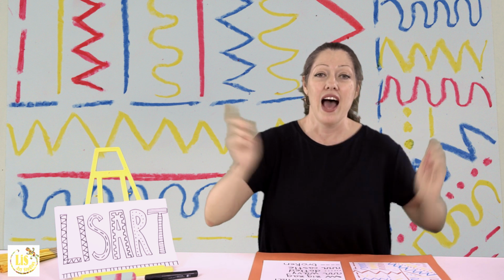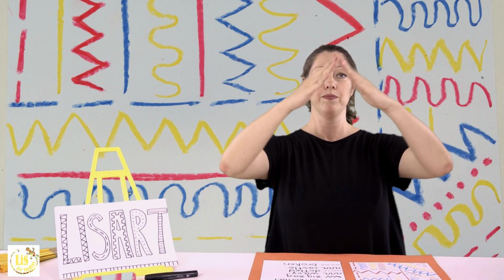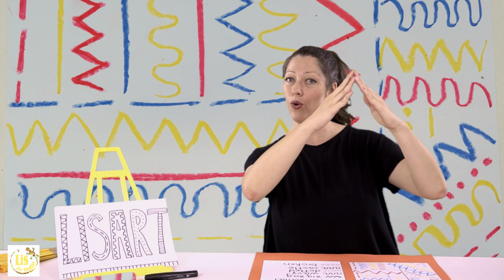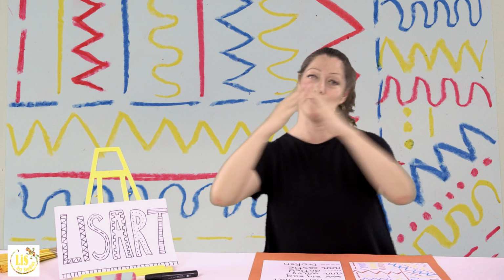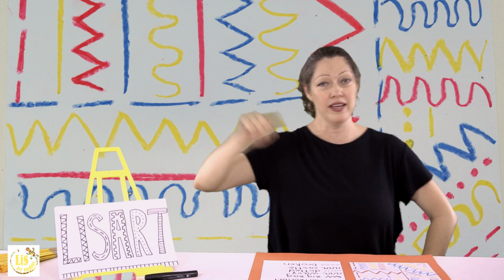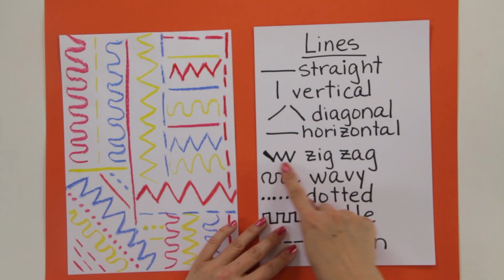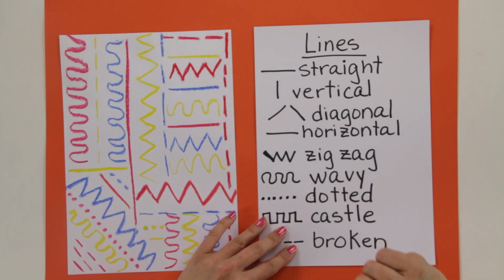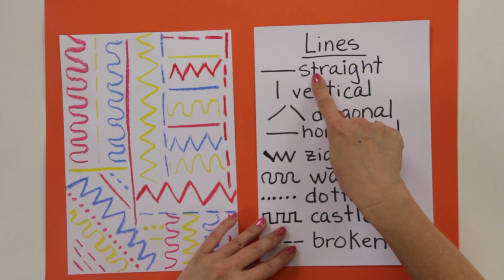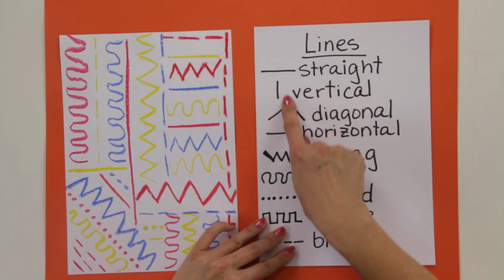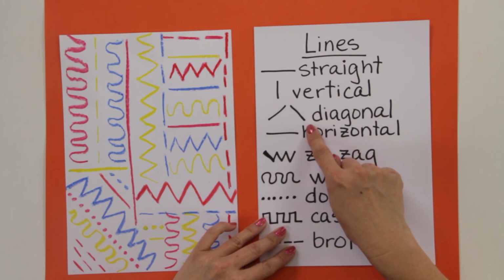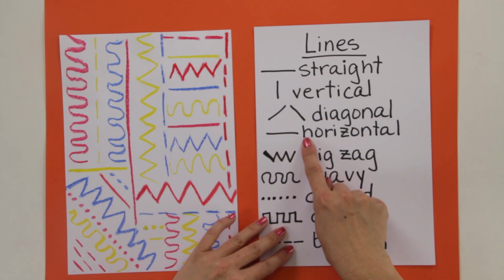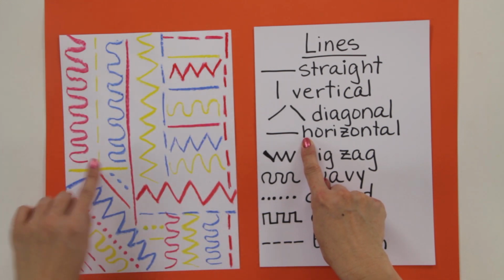Very nice. Lines could also be at an angle, and when this angle is repeated, it becomes a zigzag, as you see on this paper. Let's go over it again. Straight lines can be vertical, diagonal, or horizontal.